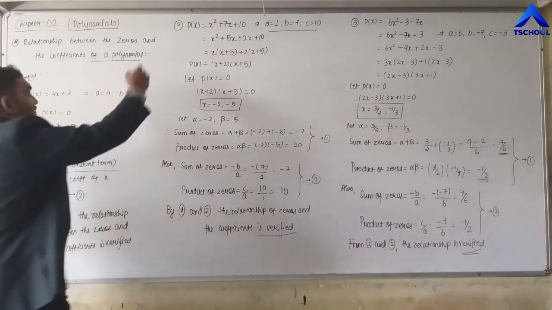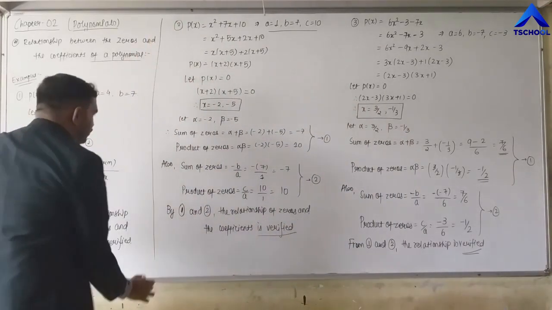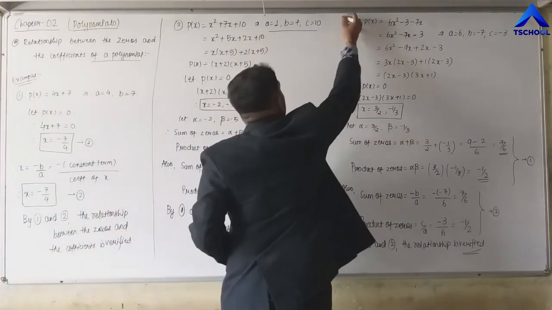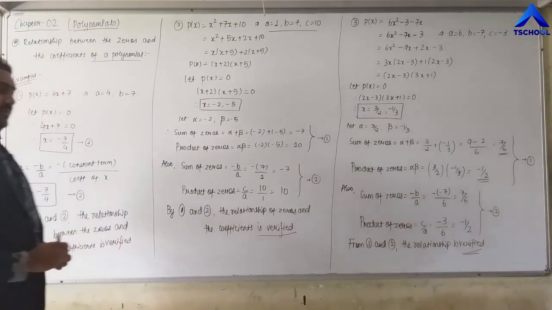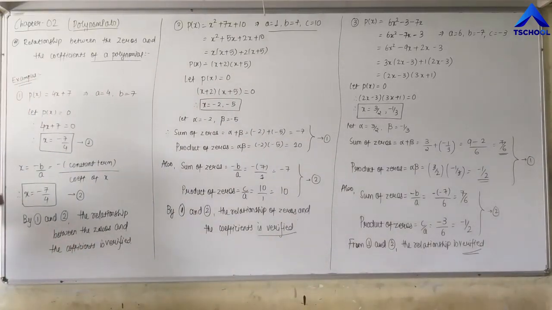Is it clear, everyone? So now you must be clear with this, how to write down the sums in a proper manner. Clear with this, everyone? Okay. Take a look over it.